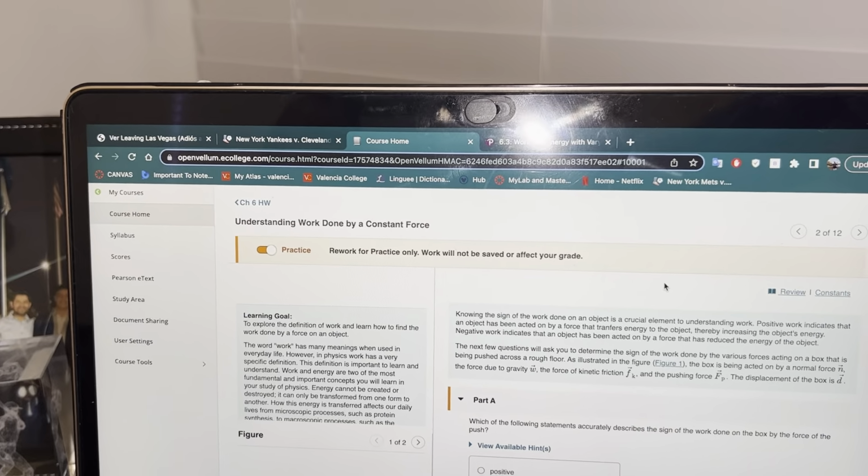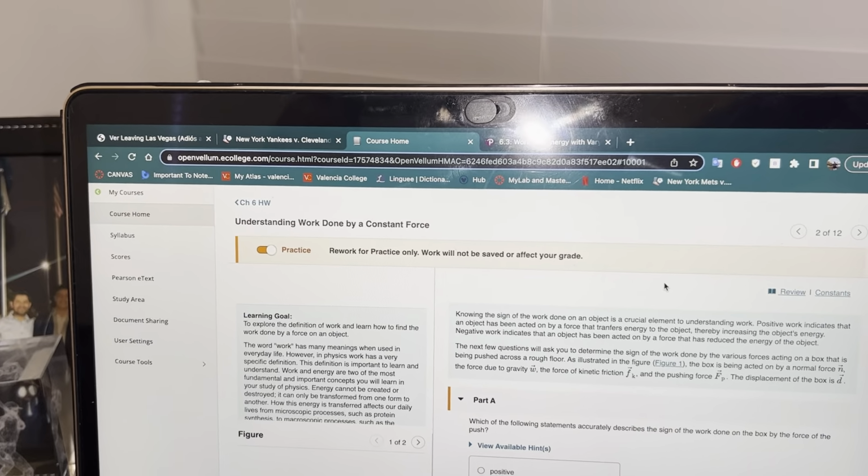Work by friction is equal to friction times d times cosine of theta, where theta is equal to 180, and this is gonna be -1.